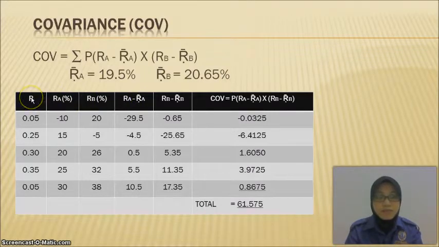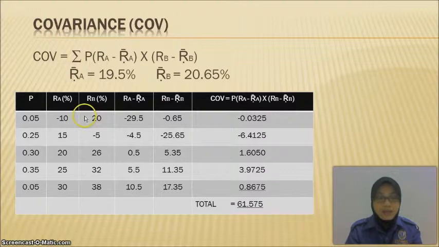The first column is the probability. Second and third columns are the possible return for share A and share B in percentage. Fourth and fifth columns are the possible return minus expected return for share A and share B. And then we need to substitute the amounts into the formula.